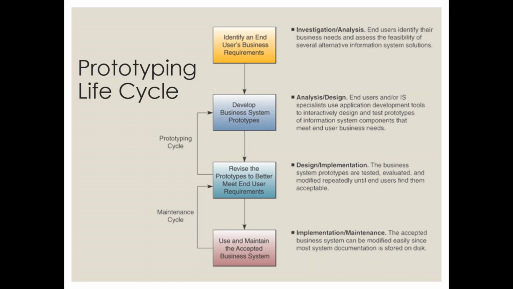Prototype means a working model, some basic minimum working model, on which the user can enter their data, process the data and get the required output. So first some of the requirements are understood, and directly we are going to develop the prototype.